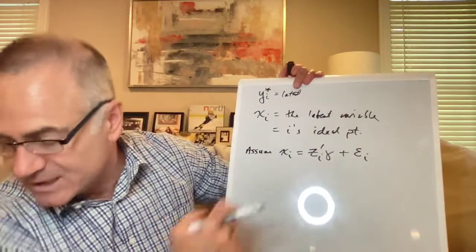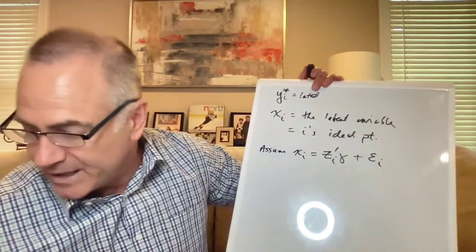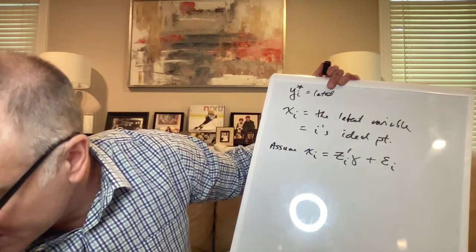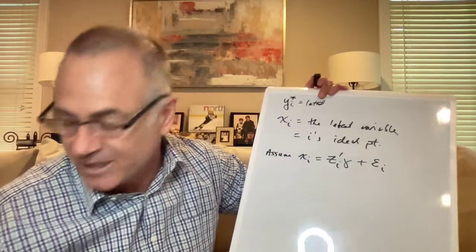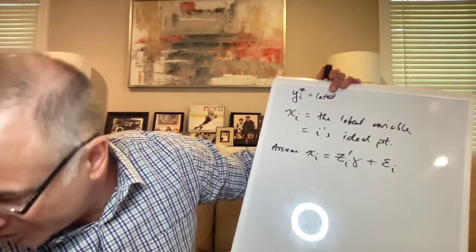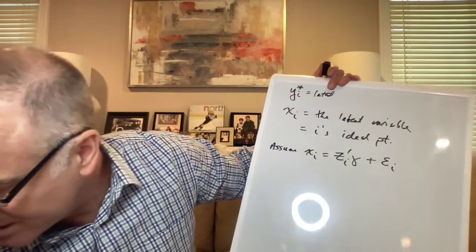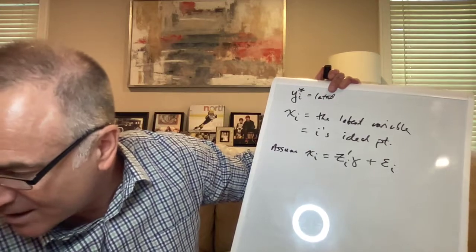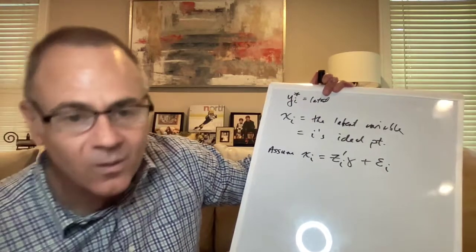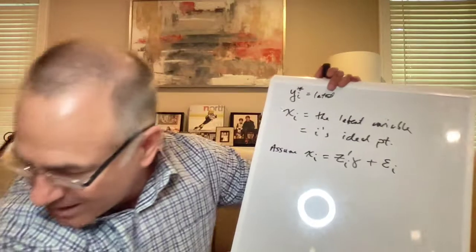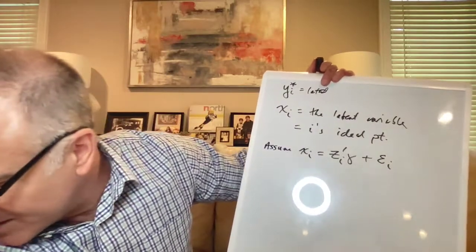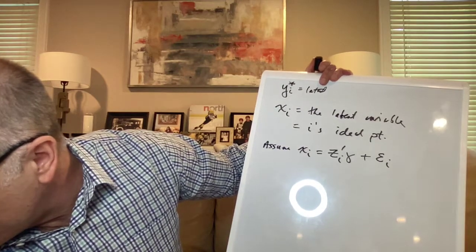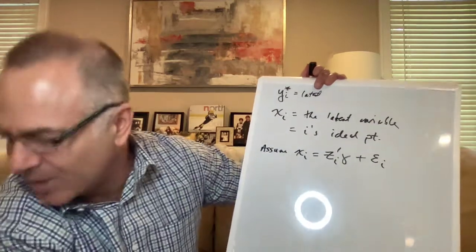And what we're going to do, the zi is going to be some independent variables. It's going to include things like the party of Senator i, the percent of union members in i's district, the average manufacturing wage in i's district, the percent unemployment in i's district, and then percent of black voters in the state.